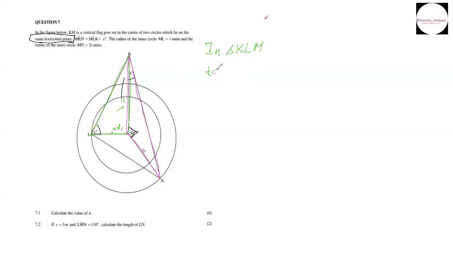So tan X is equal to opposite over adjacent. Our opposite is KM, but then our adjacent is the value R, right? Remember, we want to make KM the subject of the formula. So KM is equal to, we cross multiply, R multiplied by tan X, right? Then let's go ahead and call this equation number 1.